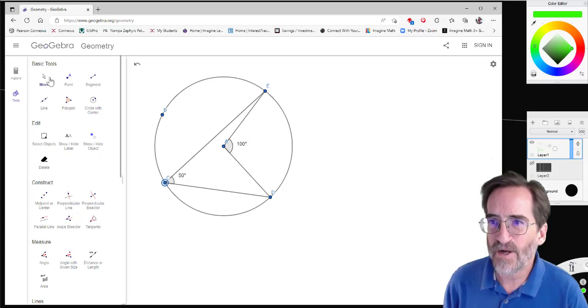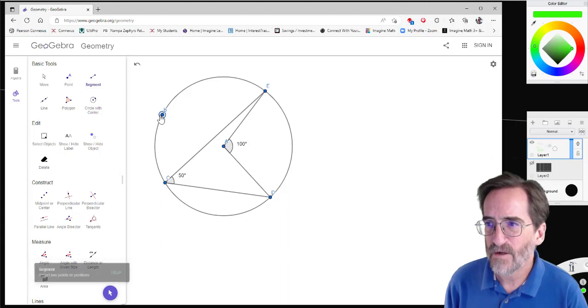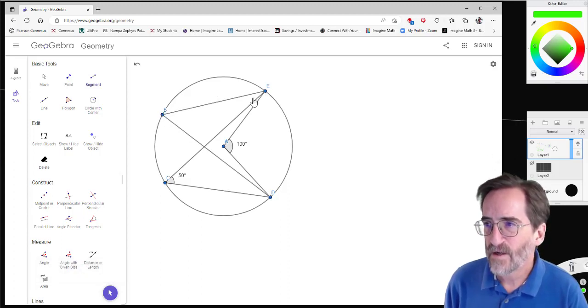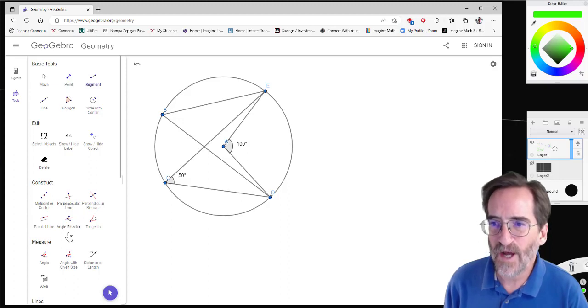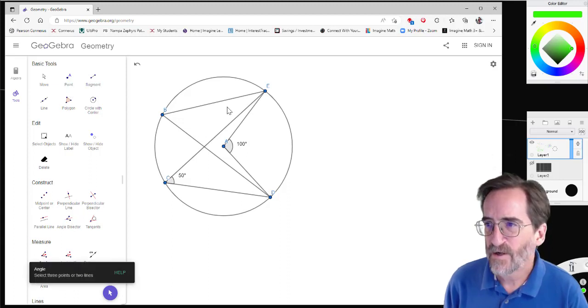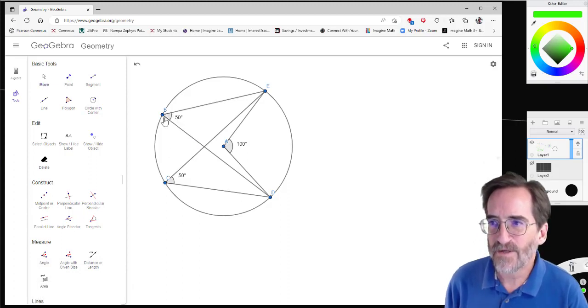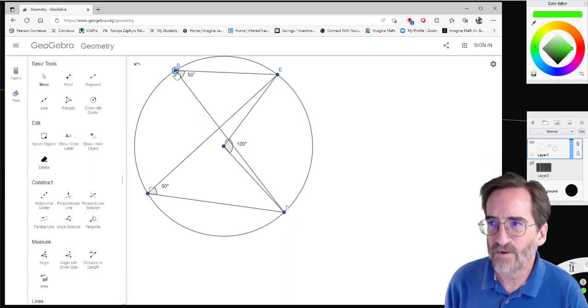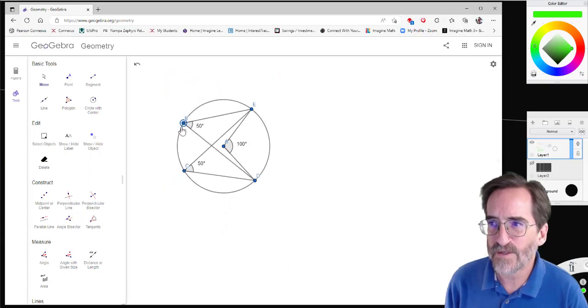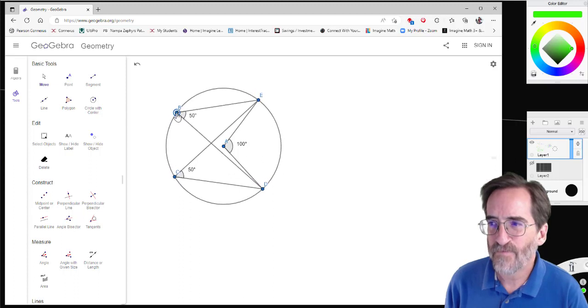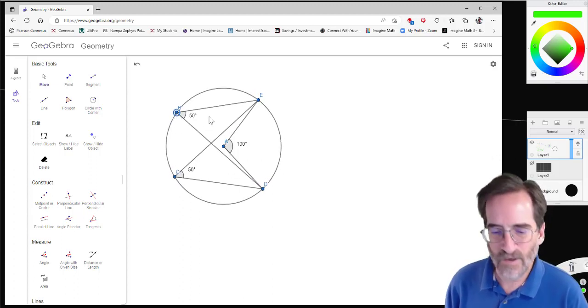If I draw an inscribed angle from B that intercepts the same arc DE, angle B is going to have the same measure, 50 degrees. It doesn't matter the size of the triangle or where I put the point, they're always the same.